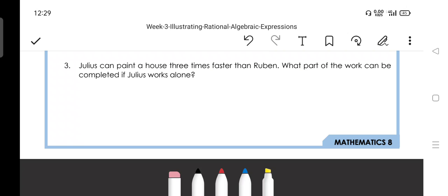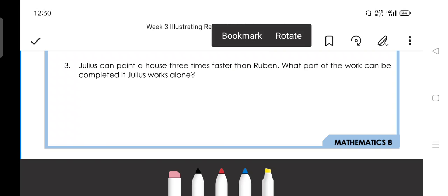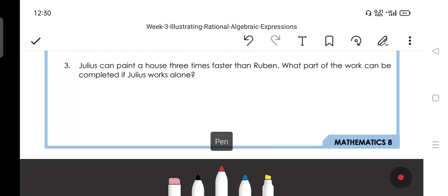It wasn't mentioned what variable is used to represent the rate of work of Ruben. So in this case we're going to represent how fast Ruben works as R, since it starts with the letter R. Then it says that Julius can paint a house 3 times faster than Ruben.